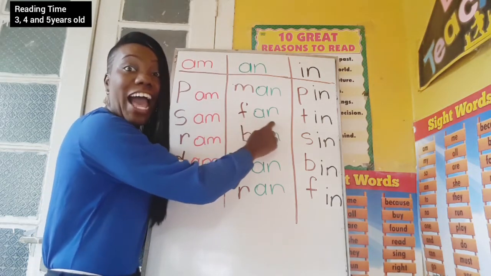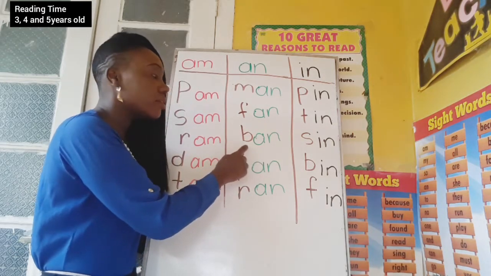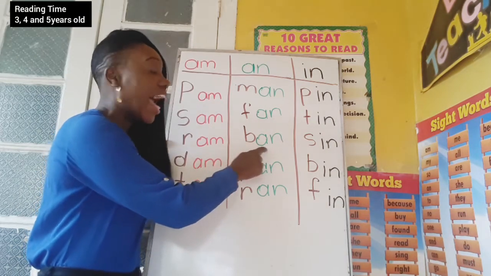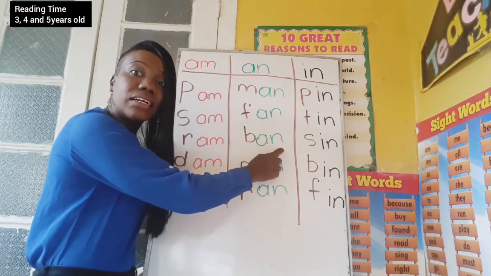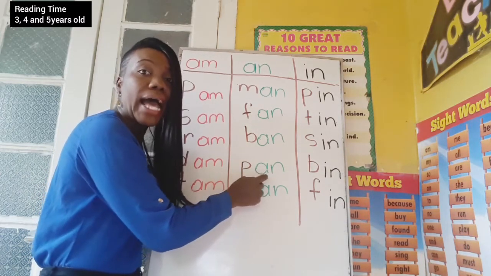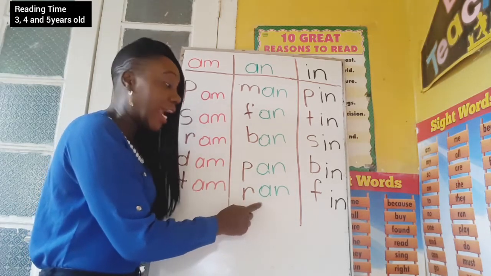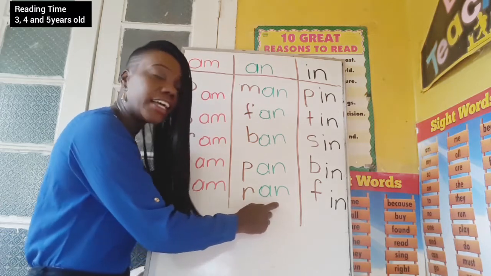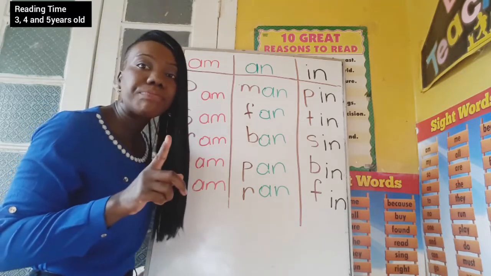Fan. B. An. Ban. An. Han. An. Ran. So this is the an family.